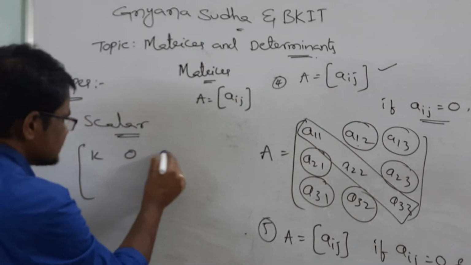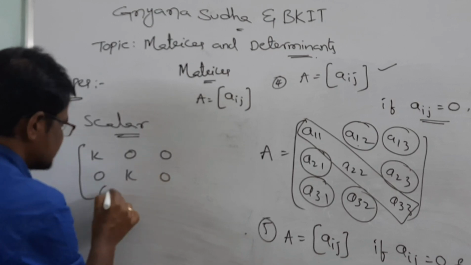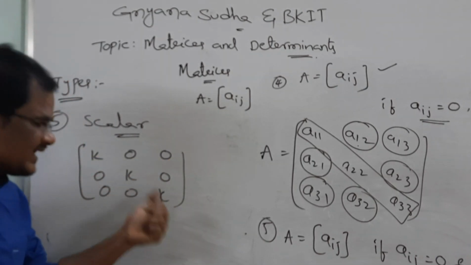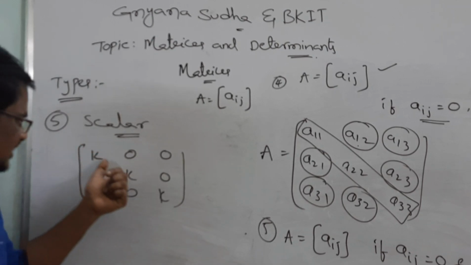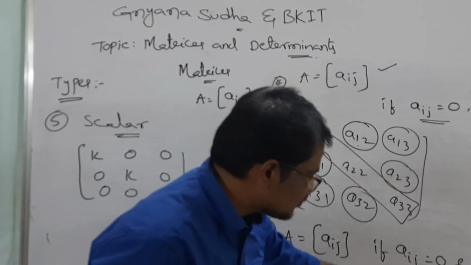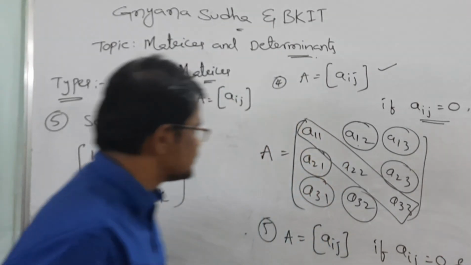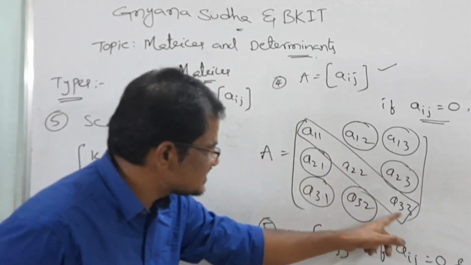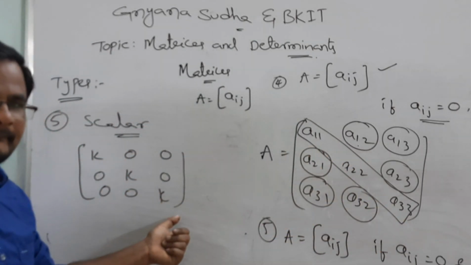Here, k 0 0, 0 k 0, 0 0 k. Right? So these diagonal elements should be the same. That is what I have written. Aij equal to 0 for i not equal to j means these six elements are 0, but these three are the same.